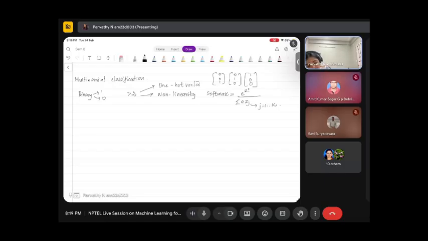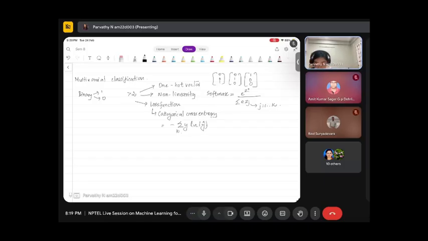And another thing is the loss function that is used. This is done using categorical cross entropy. And this categorical cross entropy is given by minus sigma of y into ln of y hat over k classes.